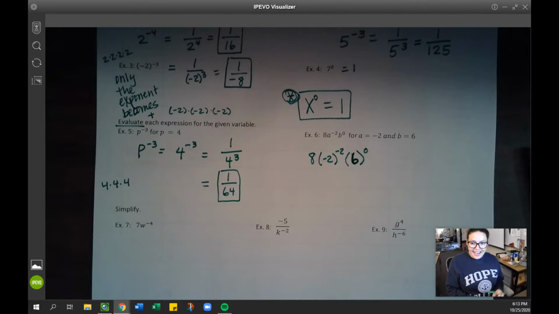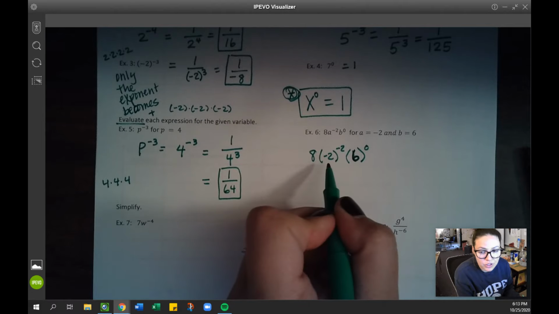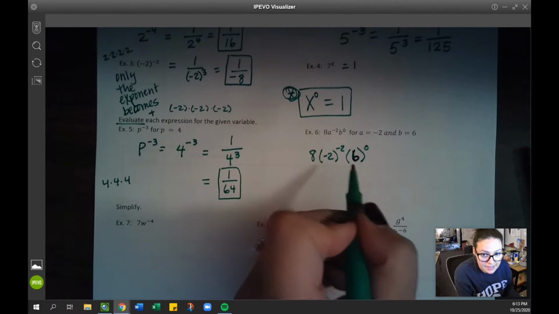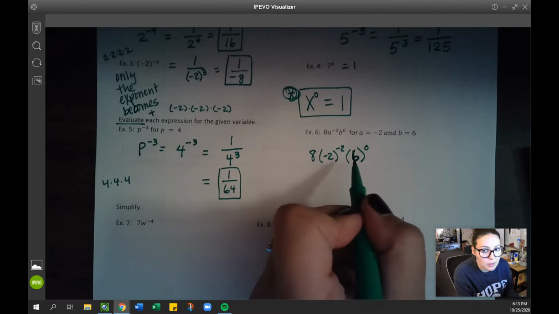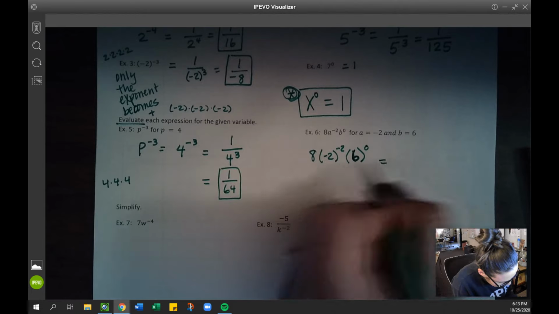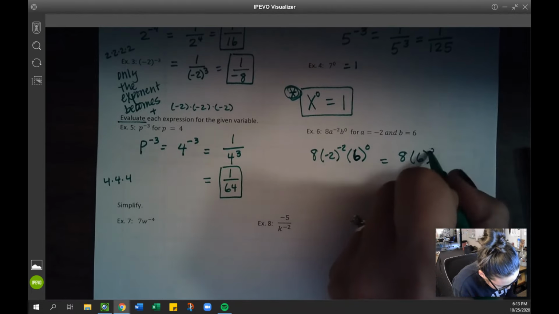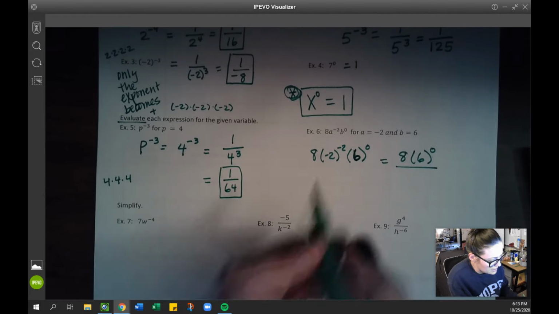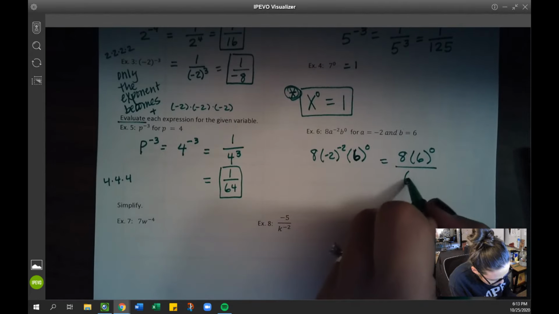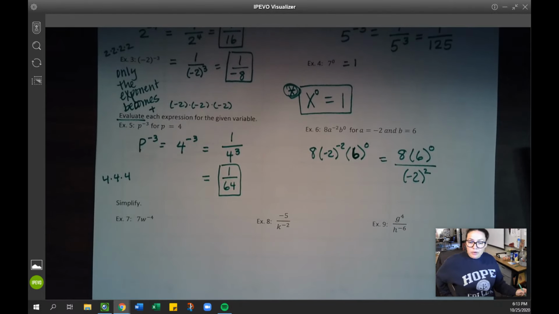Only the things that have a negative exponent. So, does 8 have a negative exponent? No. Negative 2 has a negative exponent? Yes. 6 has a negative exponent? No. So the only thing that's going to flip is the negative 2. 8 is going to stay where it is on the top. 6 is going to stay where it is on the top. And the negative 2 is going to move to the denominator where its exponent will become positive.